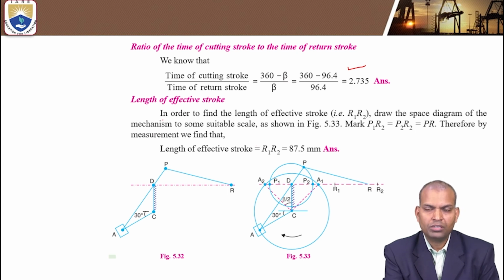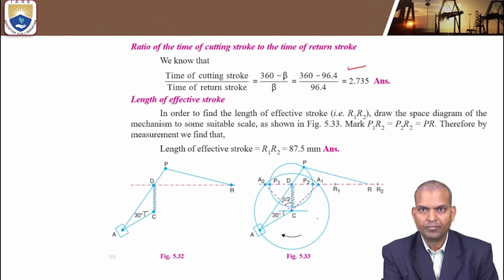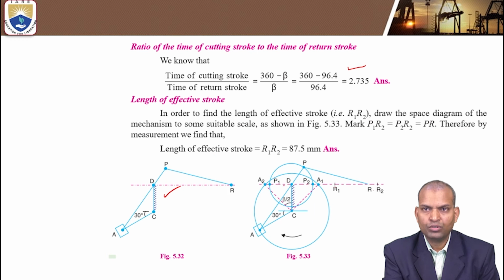So, to find the length of the effective stroke, that is R1 R2, we have to draw the space diagram of the mechanism to some suitable scale based on the data. You draw this one. Then mark P1 R1 equal to P2 R2, where P1 R1 and P2 R2 are equal to PR.